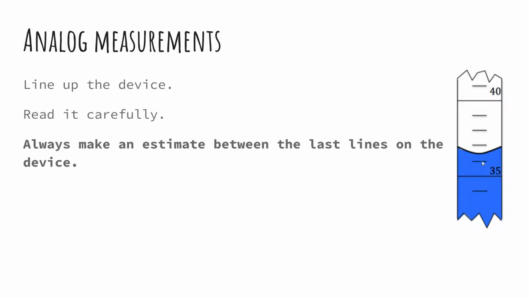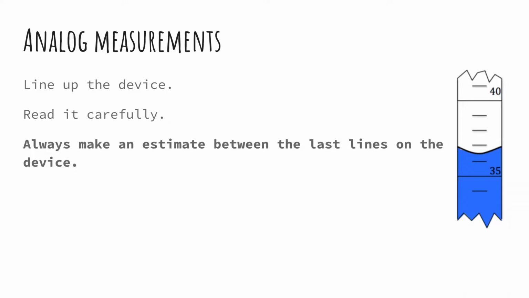So we have 35, 36, 37, 38, 39, 40. The actual level of the fluid falls somewhere between the 36 line and the 37 line. So we have to make our estimate. And it looks like it's about 36.4 milliliters. Maybe 36.5. So that is where your uncertainty is.